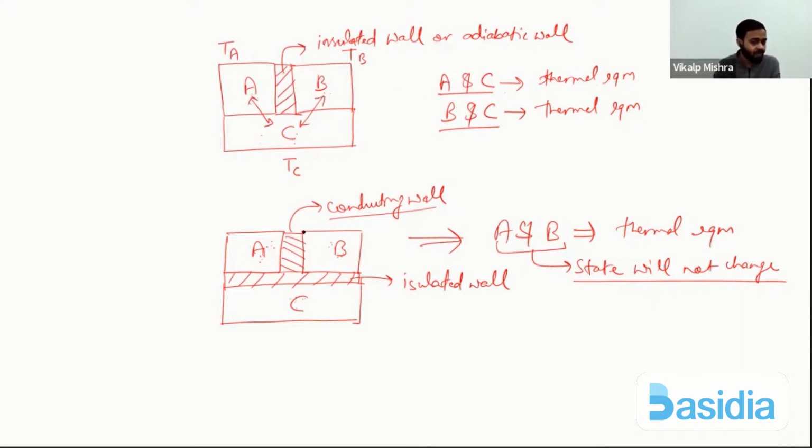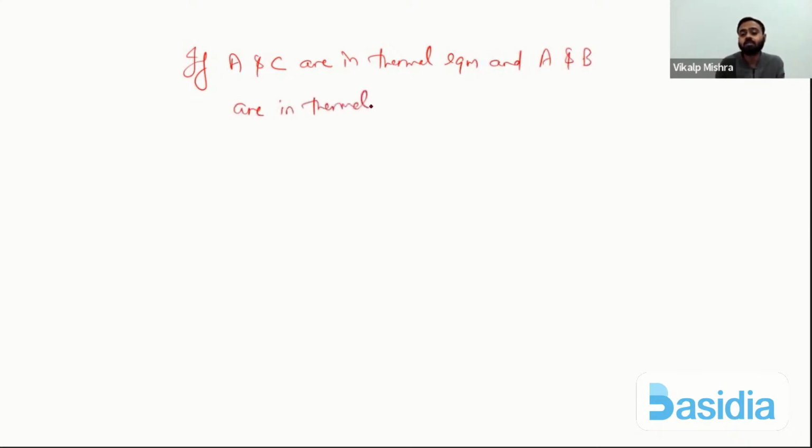So from this experiment, we can formulate our zeroth law, and how? If A and C are in thermal equilibrium, and B and C are in thermal equilibrium, then A and B will also be in thermal equilibrium.